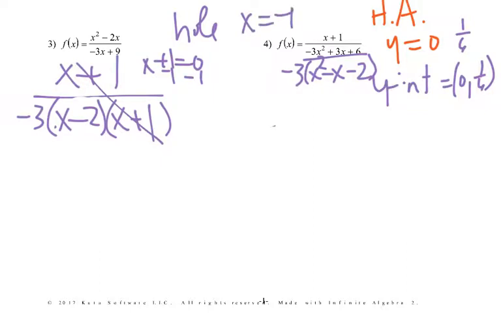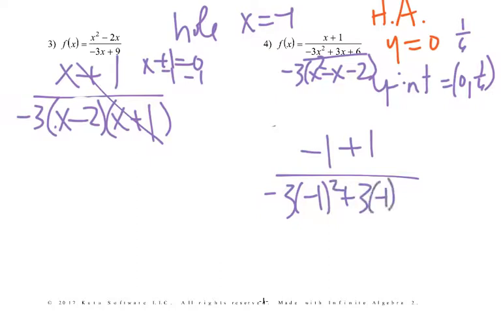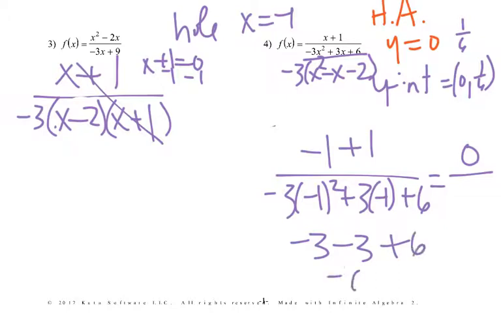And we could plug that in and find the y value for that hole, which we probably should do. So -1 plus 1 over negative 3 times negative 1 squared plus 3 times negative 1 plus 6. So it would be 0 over, and that would be positive 1, negative 3, minus 3 plus 6, so negative 6 plus 6, so basically 0.